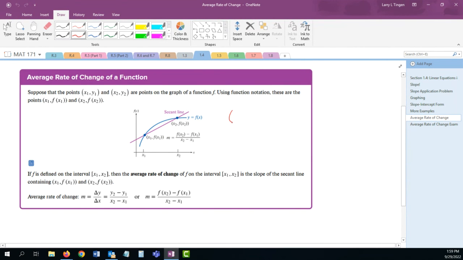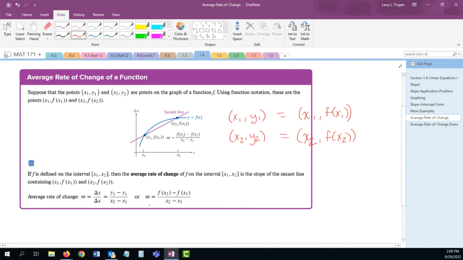This is just giving you, instead of writing it as x1, y1, x2, y2, they're writing it as x1 comma, when I plug x1 into the function f, I get out my y value that's corresponding to it. When I plug in my x2, I get out whatever I find when I plug in f of x sub 2.